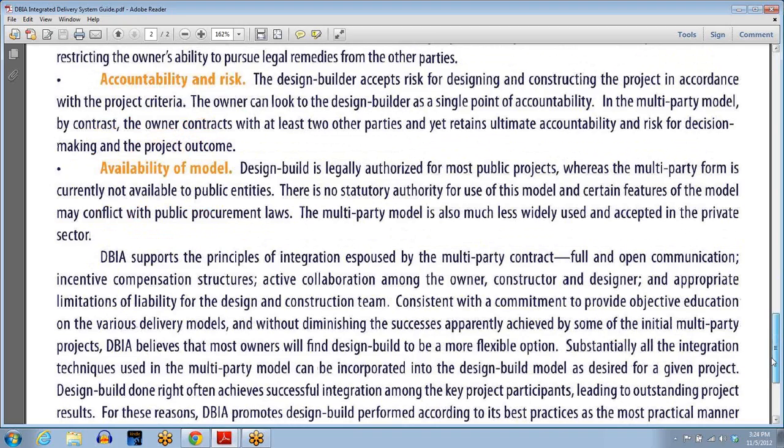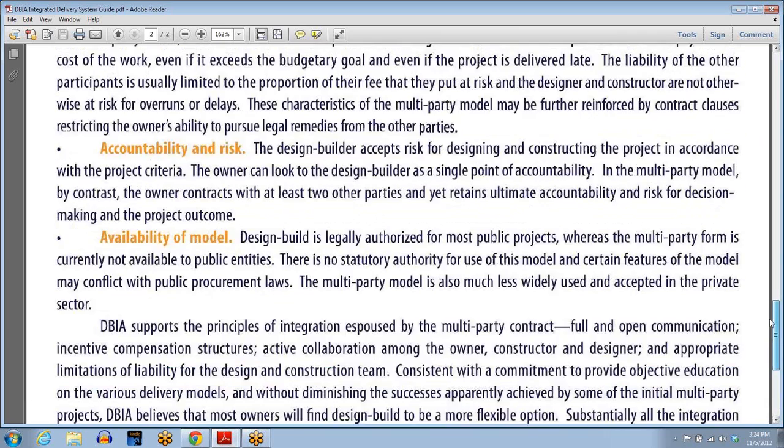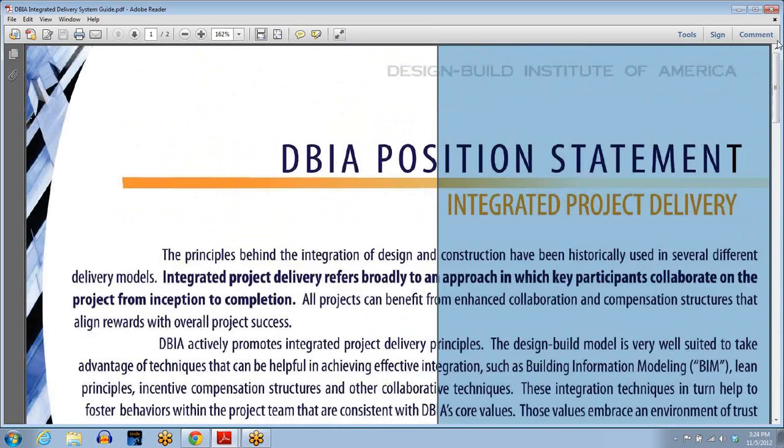It also can be viewed as a negative because now the church has lost control of not only the construction but now of the design, because the architect is designing it for the builder who he is employed by. But nonetheless, as I dealt with that in the recording, this is their take on it. If you have questions, simply fill out the comment section and we'll try and answer your questions. But this is their position statement on integrated project delivery.